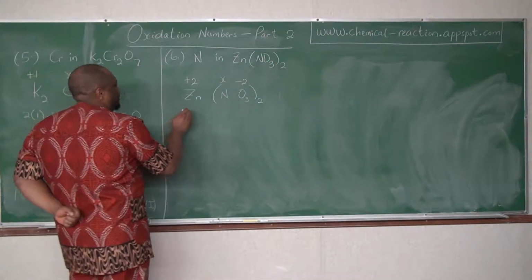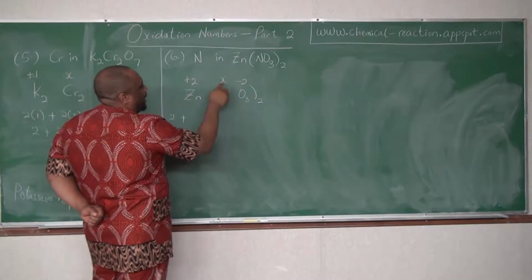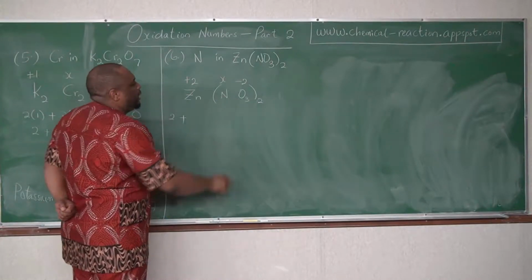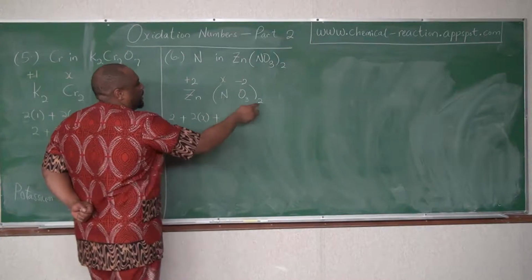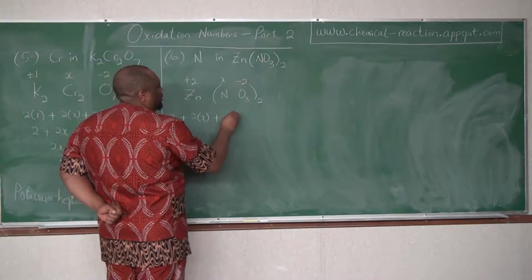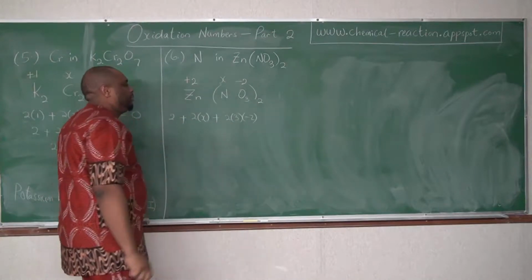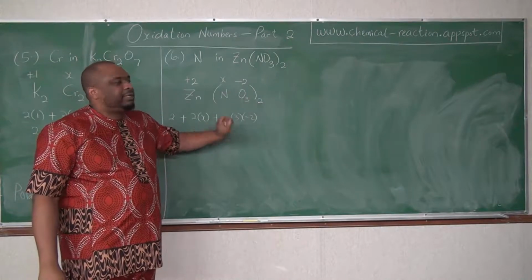So we have 2 plus 2 times X plus 2 times 3 times -2. This 2 here is for nitrogen and also for oxygen.